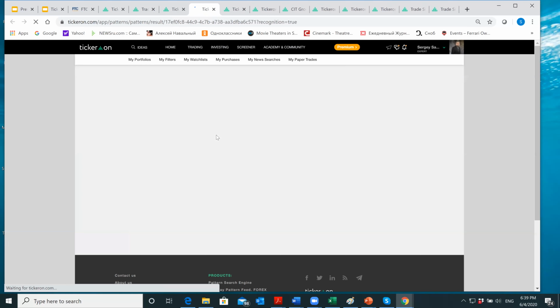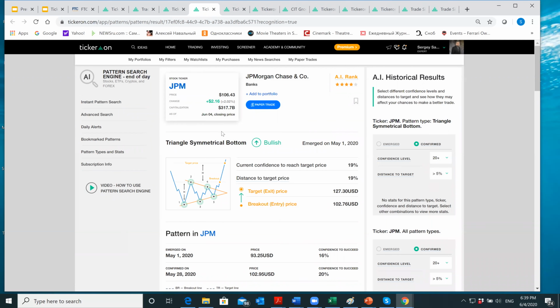If you don't know a lot about patterns, we explain everything here. It is a symmetrical triangle bottom. We find this type of pattern and then find the breakout point, because it works like that. It goes down, then consolidates, and some people say when it gets out of this triangle, buy here. No, the theory says you have to buy right here, and we calculate that point.